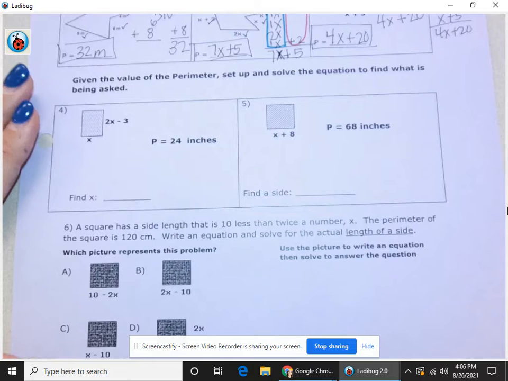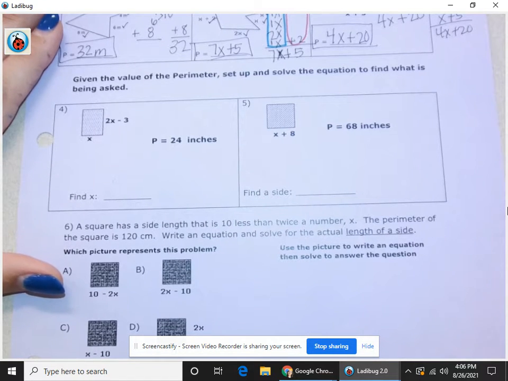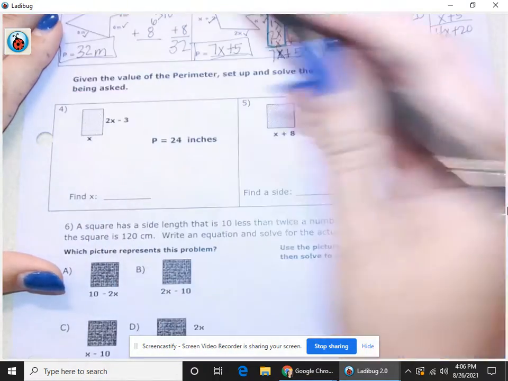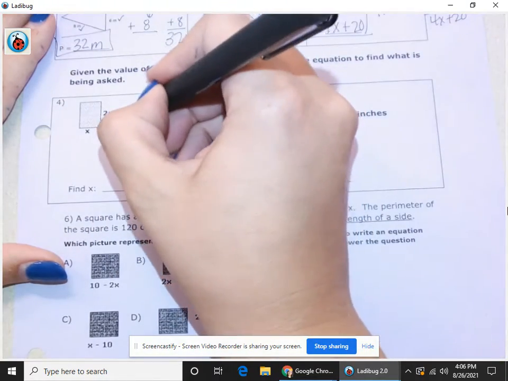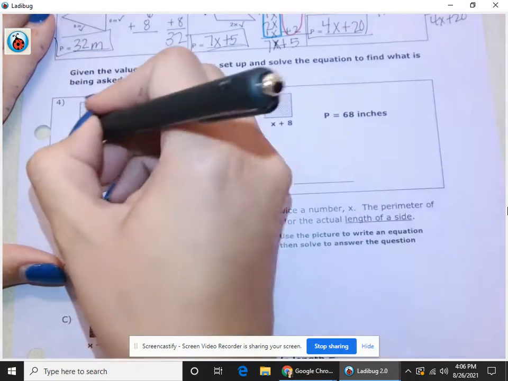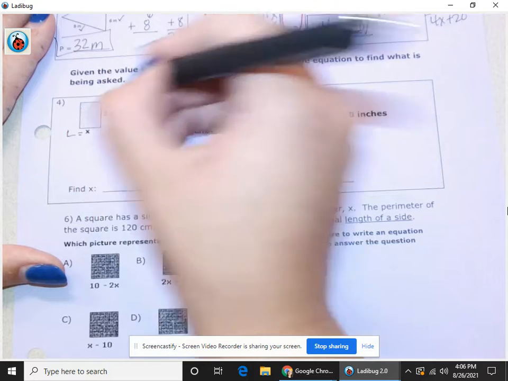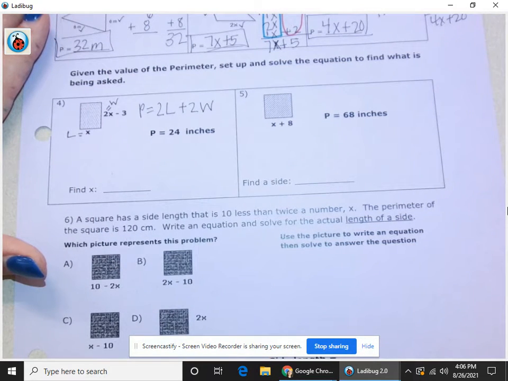Problem number 4. Given the value of the perimeter, set up and solve the equation to find out what is being asked. So, we've got a rectangle here. Rectangle from the top of my page, the perimeter equals 2 times the length plus 2 times the width. So I've got my length is x and my width is 2x minus 3.